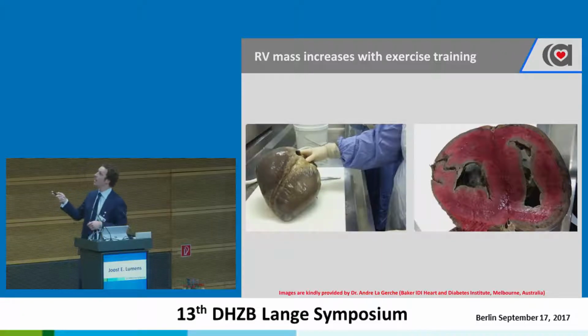This is a heart, where this is the RV, and this is the LV, and this is a racehorse. The best large animal model of the athlete. This is a professional racehorse who suddenly died at the track during a race. And you see, that was because of an LV rupture, which actually happens quite often in those animals, apparently.